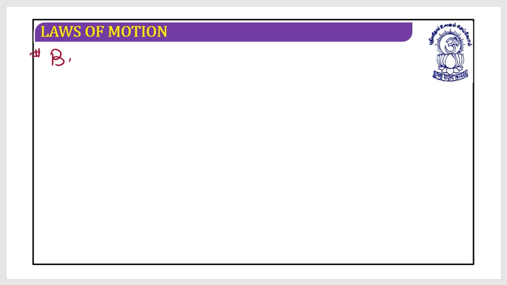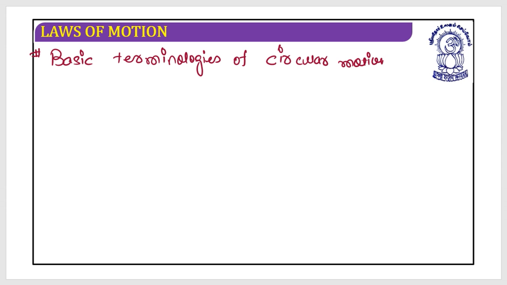So now let's begin with the basic terminologies of circular motion. First, it is angular displacement.